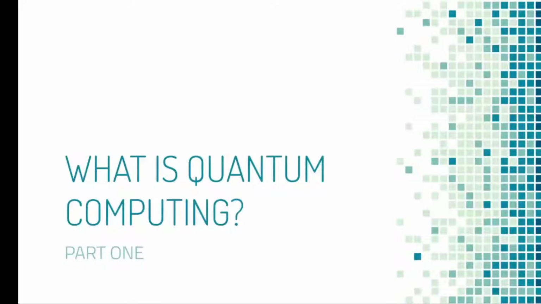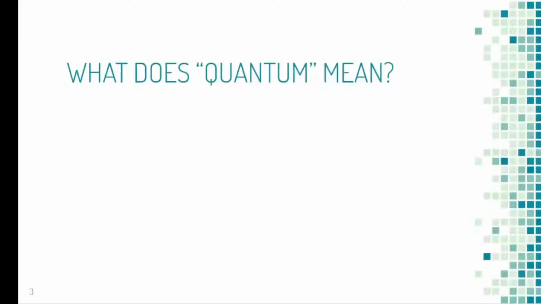So for the first part here, what is quantum computing? If you think of the computer you probably have in front of you, it is referred to as a classical computer, and it stores encoded information in bits of 1 or 0.